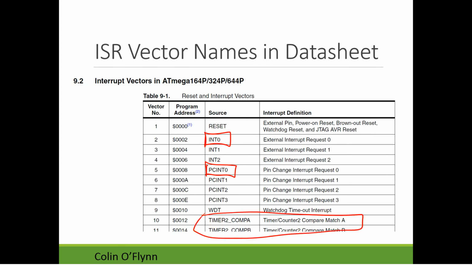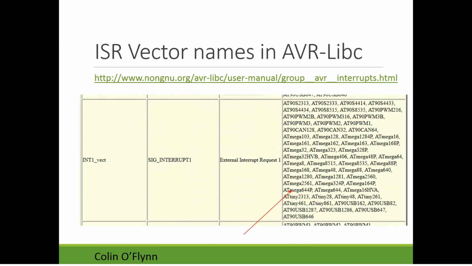There's a whole bunch of them in the datasheet. For example, timer counter 2 compare match A. This is one of those compare registers, where you can tell it, whenever this counter reaches 252, run this code. There are a few different ones within each counter, so you can say A, B, or C: when it matches this value, do this; this other value, do this. So it gives you a lot of flexibility.